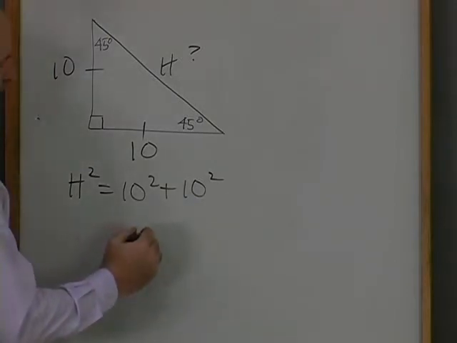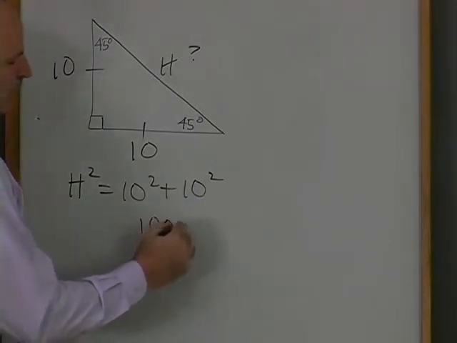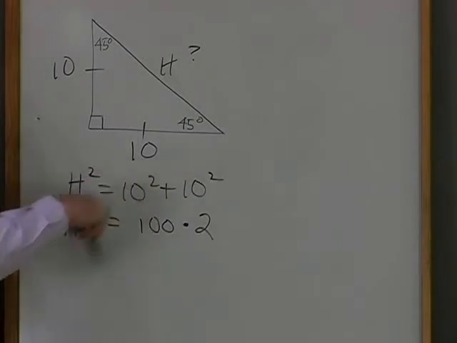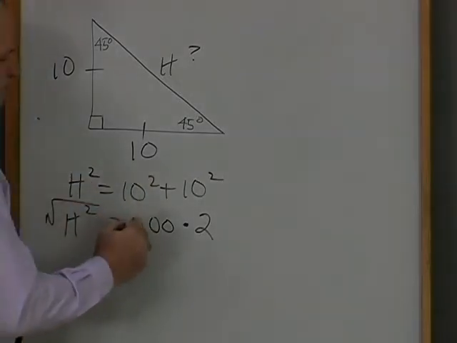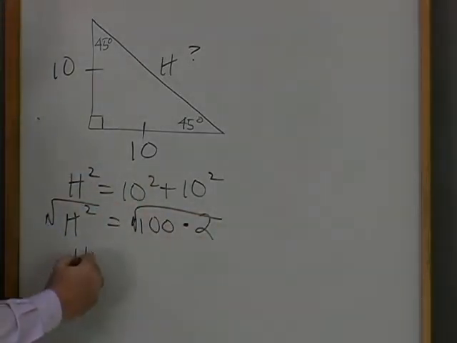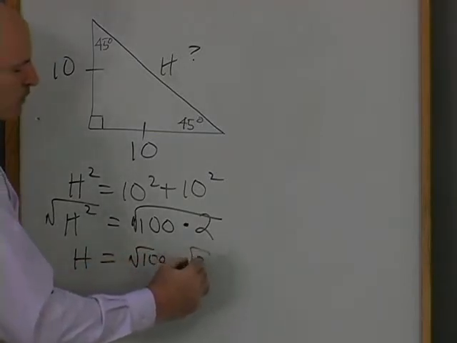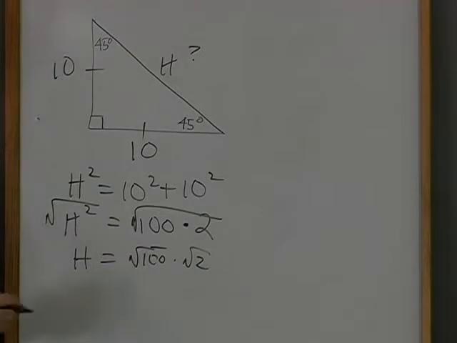I could put that as 100 times 2, correct? Okay, now I can take the square root of both sides, and I get hypotenuse is the square root of 100 times the square root of 2. What's the square root of 100? 10.